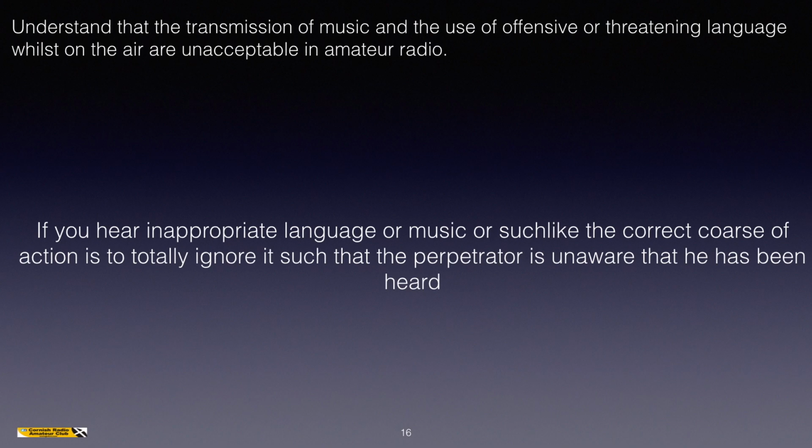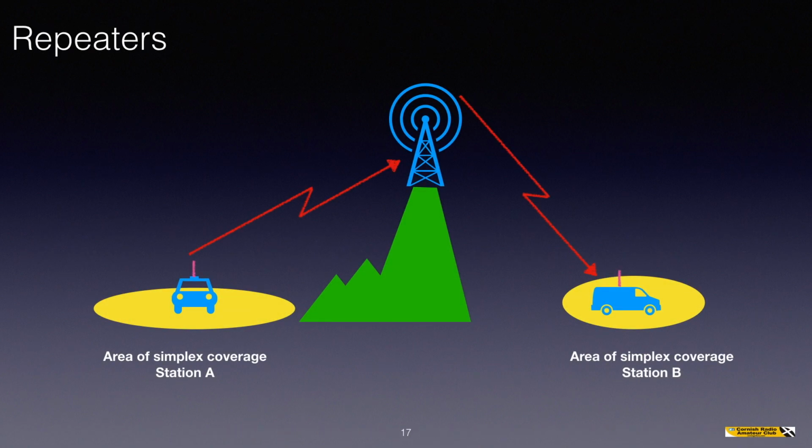Right, let's move on to repeaters. Now, if you have VHF or UHF, you will recall from propagation that it tends to be only slightly better than line of sight. And repeaters are for mobile use mainly, but a lot of people use them from fixed locations.